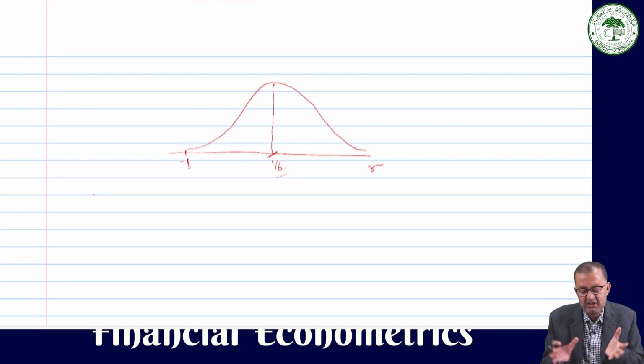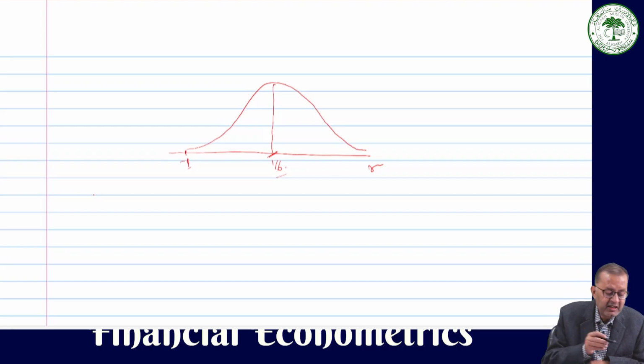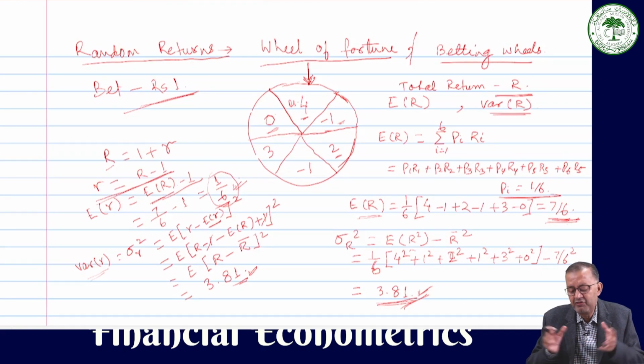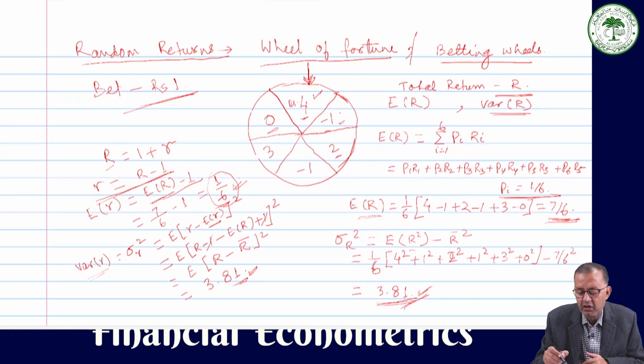So this is how we are in a position to explain the return on the portfolio with the help of Wheel of Fortune, where the investment has been made into different portfolios with return 4, with loss 1, with return 2, with return minus. This is not the definite return, and all these returns are with a certain degree of probability.